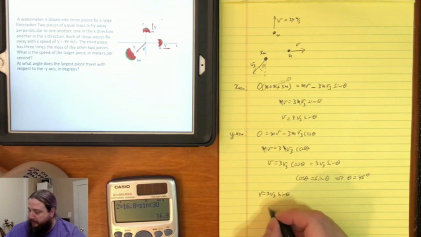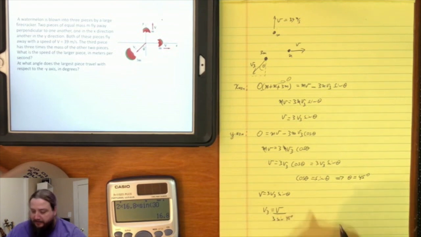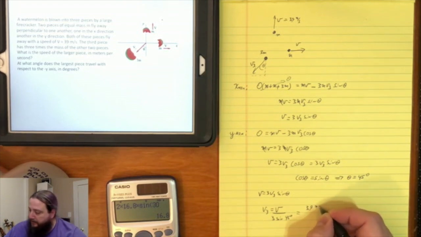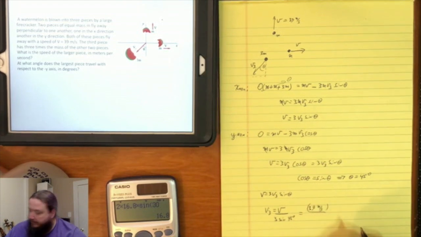So that V3 is going to be V divided by 3 times the sine, in this case, of 45 degrees. So that's 39 meters per second over 3 times the sine of 45 degrees.